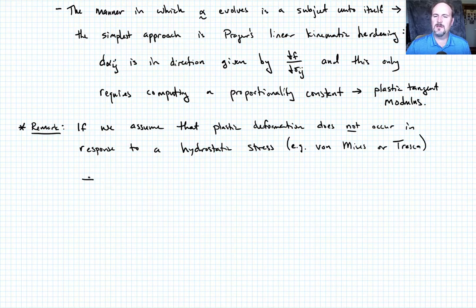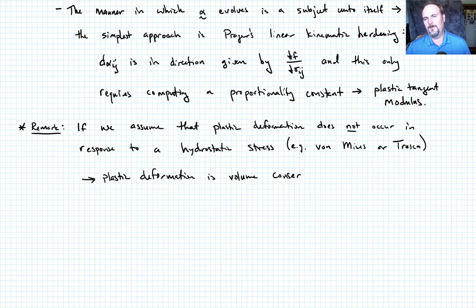What that means is that plastic deformation is volume conserving. And why is that? Because the deviatoric component of the stress can only shape change. It can't change volume. The hydrostatic is the dilatational component, as it's called, which can either compress or expand the volume. So plastic deformation has got to be volume conserving if it's not responding to a hydrostatic stress.